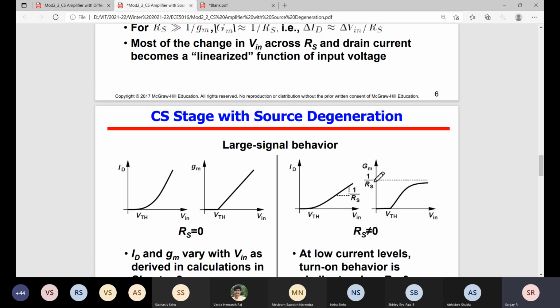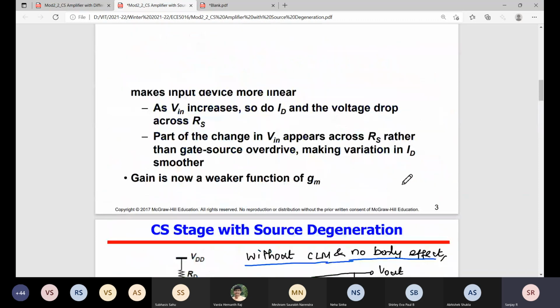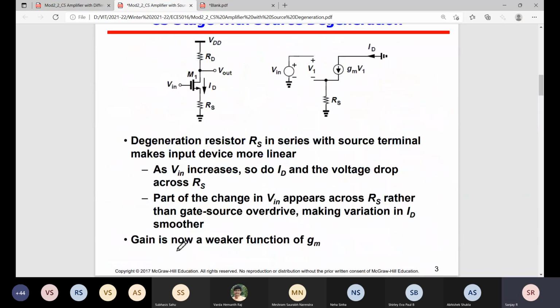When you plot Gm, it will become 1 by Rs, constant. So gain is almost linear. It's a weak function of gm, meaning the internal transistor gm, because now Gm is minus 1 by Rs. So what is Gm? gm divided by 1 plus gm Rs.